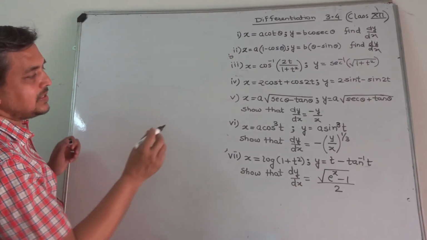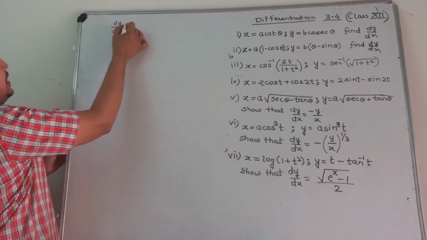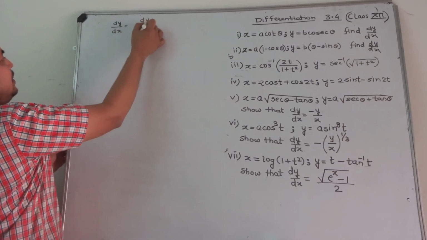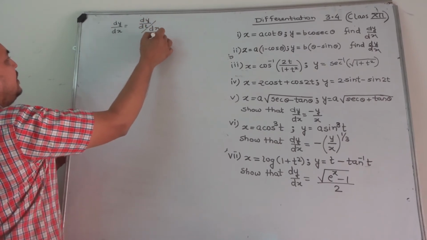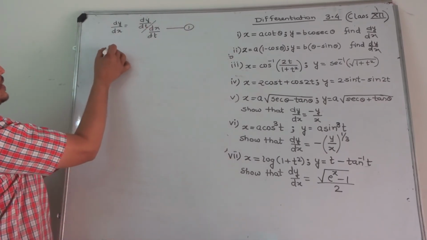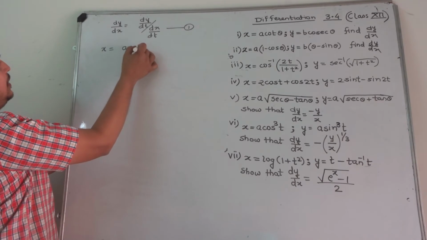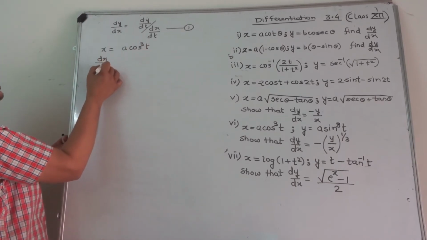Now see students, x and y are functions of t. So first step, dy by dx is equal to dy by dt upon dx by dt. Now let us consider x. What is x? x = a cos cube t. What is the derivative dx by dt?